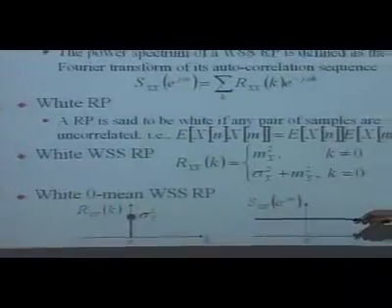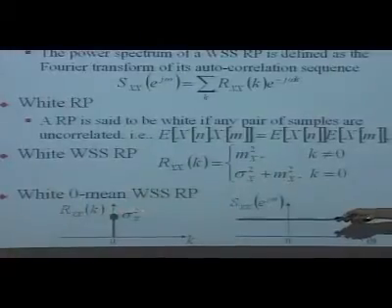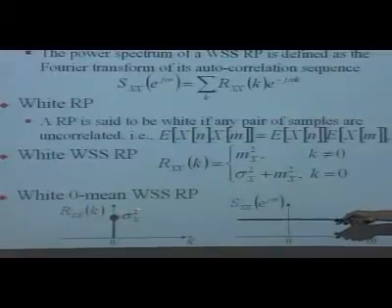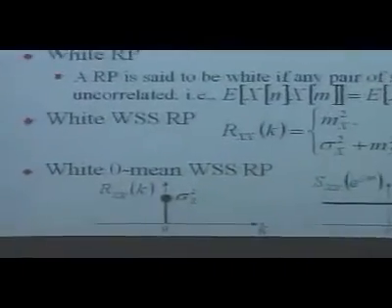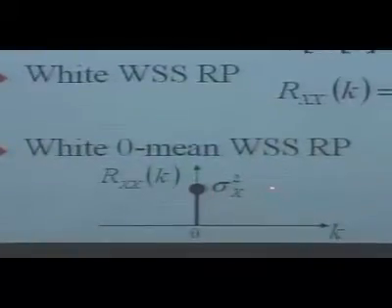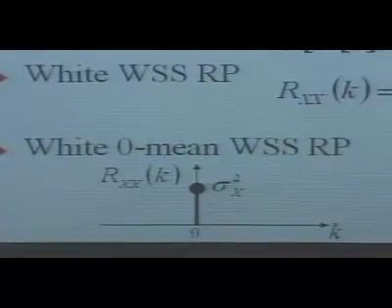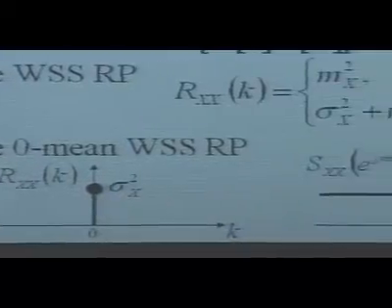What is Rxx of 0? Rxx of 0 gives you sigma x squared. That's the expectation between you and yourself, right? So certainly it has something to it. But then when you take Rxx of 1, what does that mean? Rxx of 1 means the correlation between you and your neighbor.